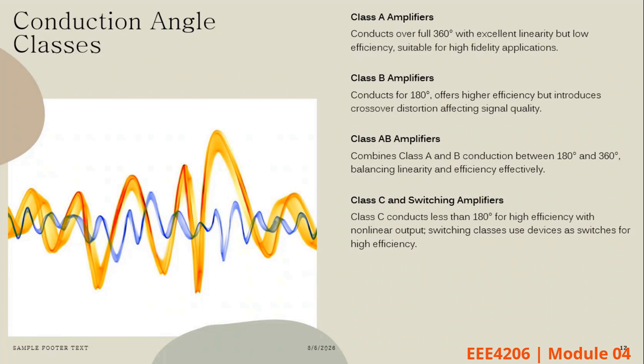So if you have a sine wave, a cosine wave, whatever wave you have, that full cycle when it is on is the conduction angle. And these different transistors are separated by the conduction angle. That's how you can differentiate them: how much your device is on, for the entire cycle.